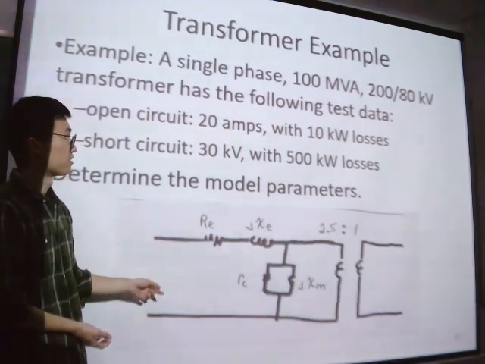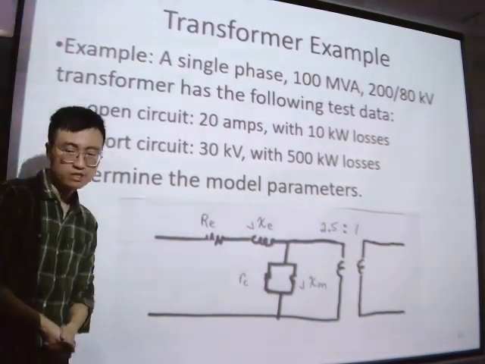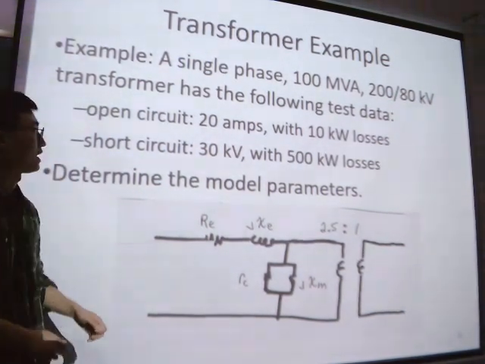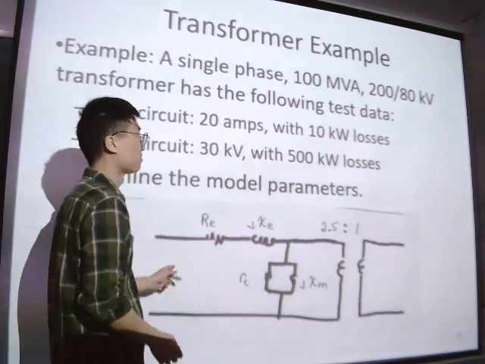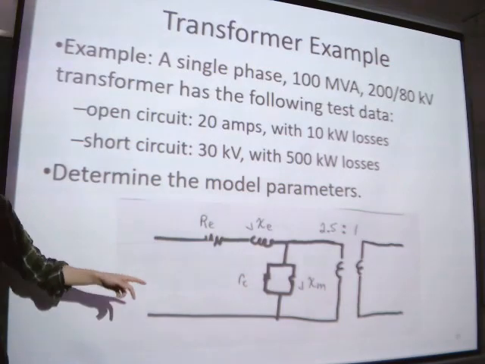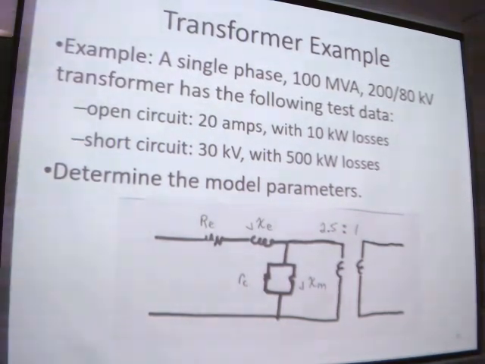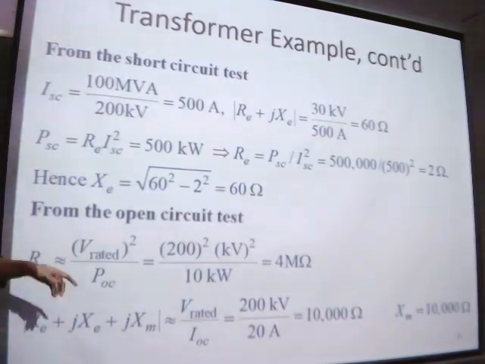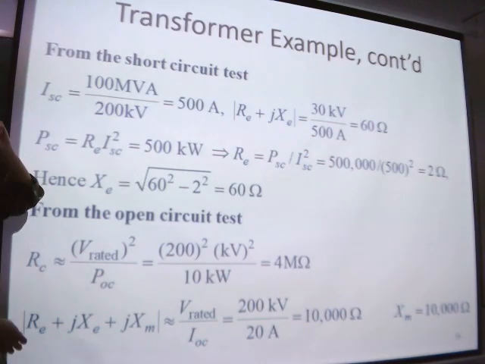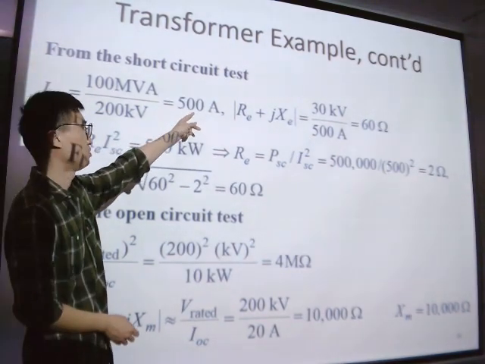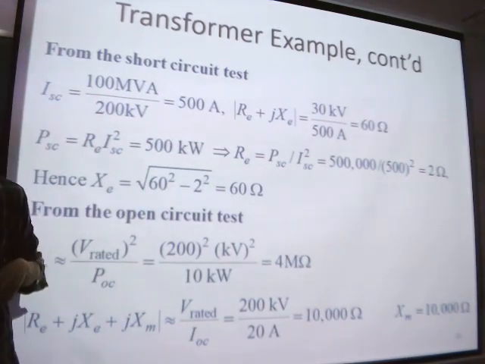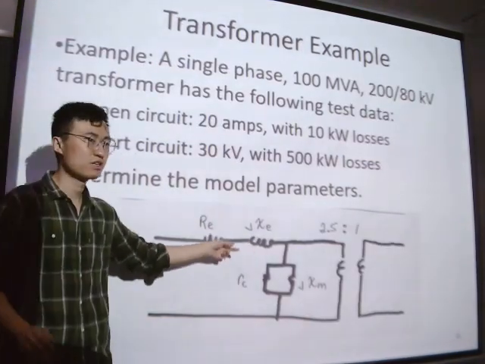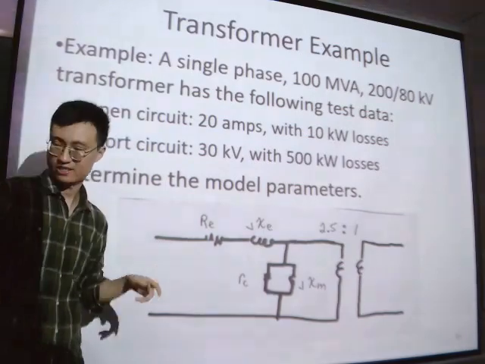So here you can see 100 megawatt, and for this current the voltage here is 200 kilowatt, and so the current of the source will be 500 amperes, because in the primary side the current is low, okay.